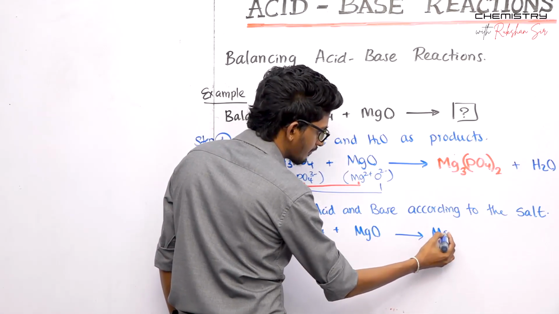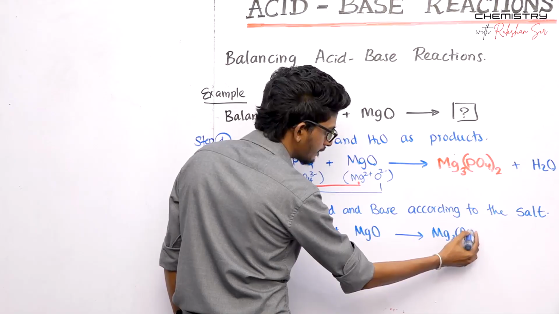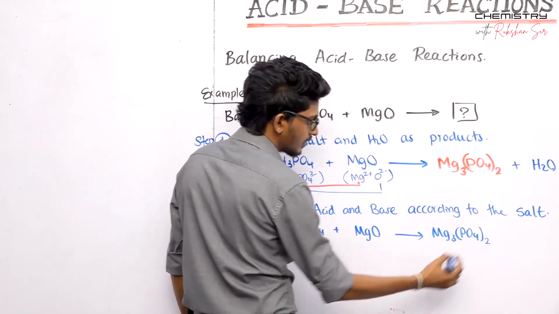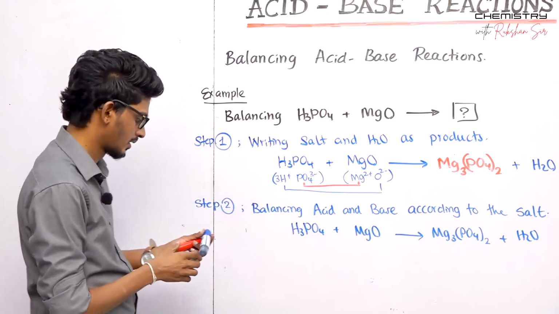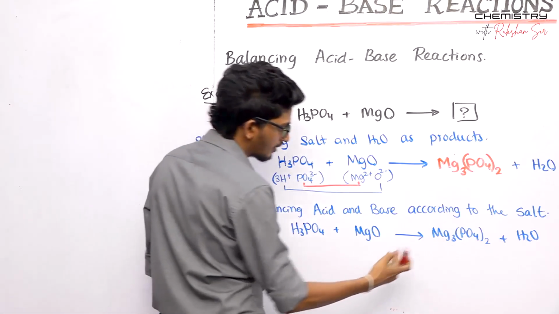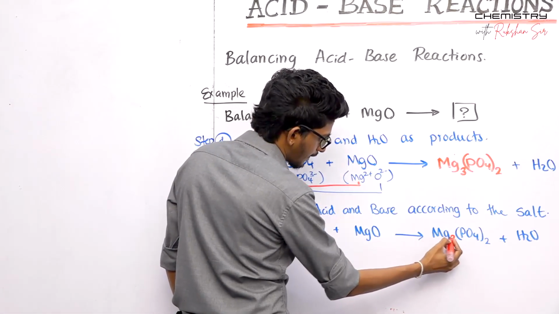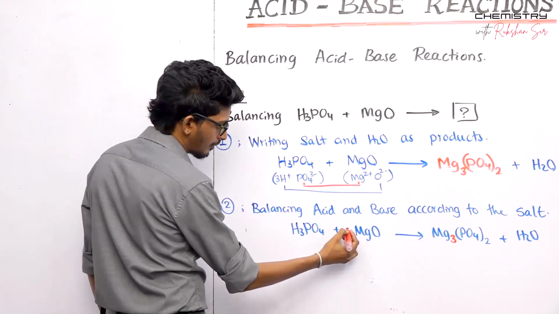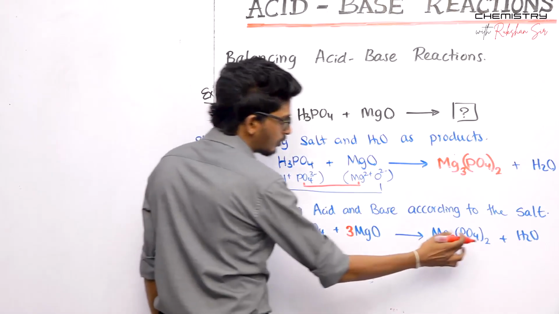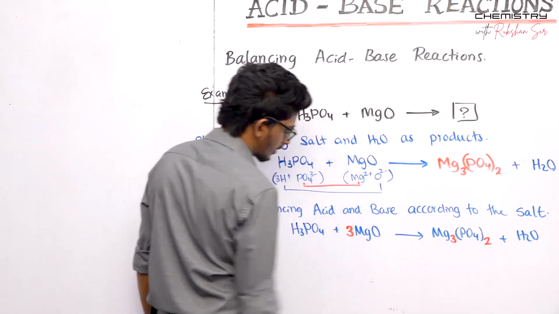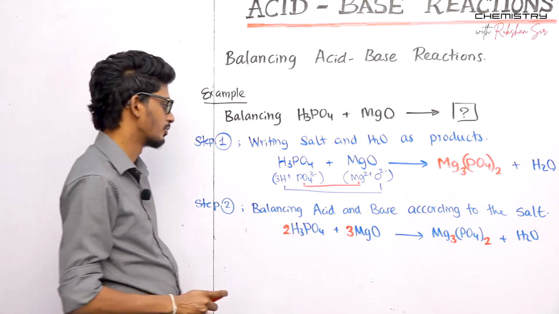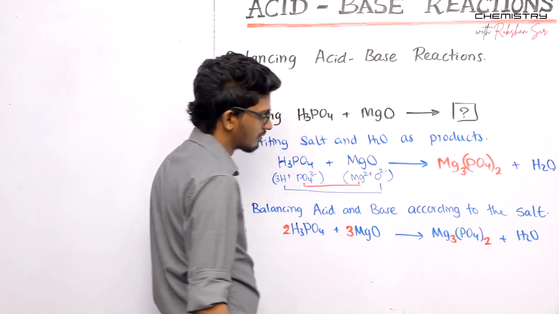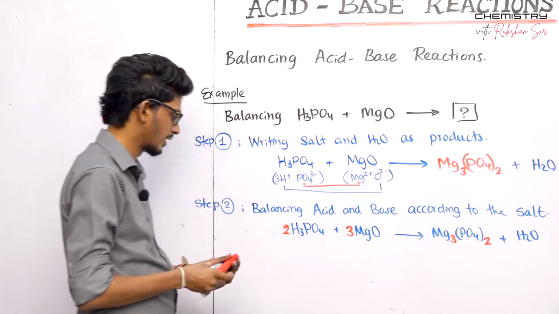Salt is written as magnesium phosphate plus water. So with the salt, you have 3 of magnesium ions, so you have to come up with 3 here, and 2 of phosphate ions, so you have to come up with 2 here, right? That is how we are supposed to balance the acid and the base with the use of salt.